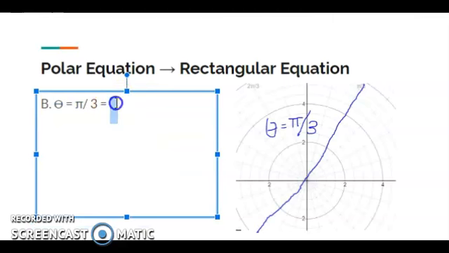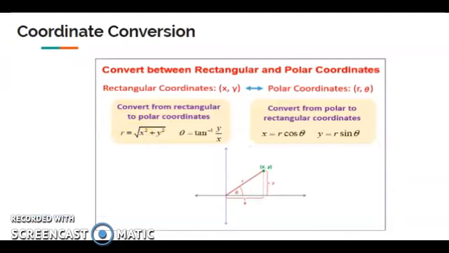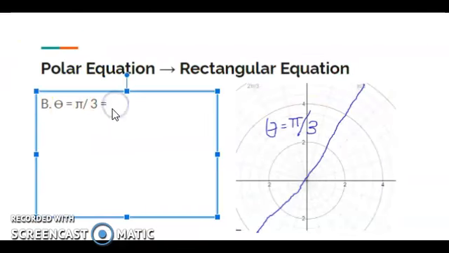So for theta equals pi over 3, we know that theta equals tan inverse of y over x. So basically, we're going to set pi over 3 equal to tan inverse of y over x. And in order to solve for this, we take the tan of both sides.